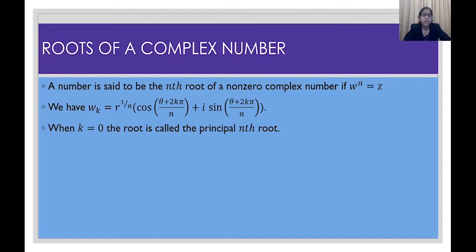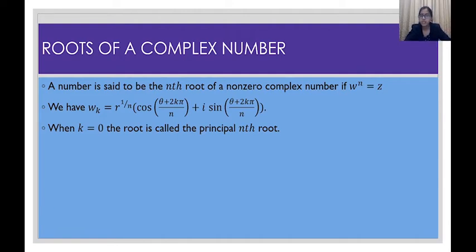From that we can obtain this expression, w_k, which is equal to r raised to 1 by n into cos of (theta plus 2k pi by n) plus i sin of (theta plus 2k pi by n). Let's see how we can derive that particular expression. It is mentioned in your textbooks.